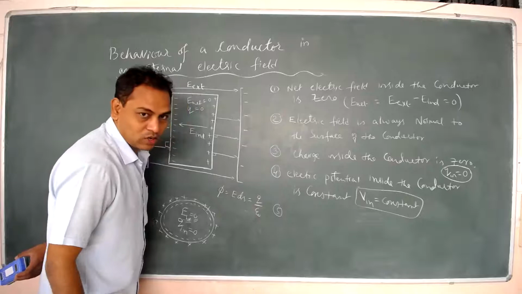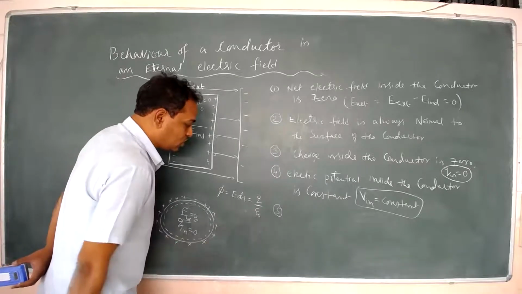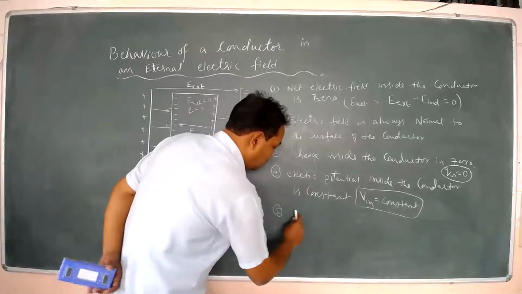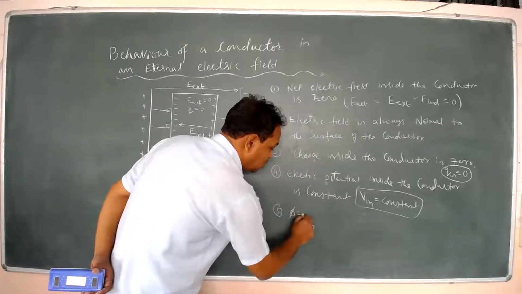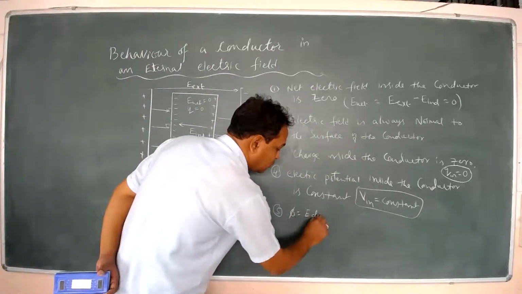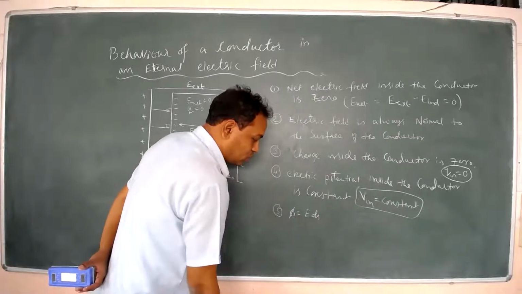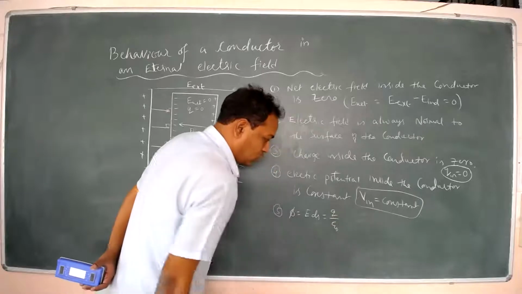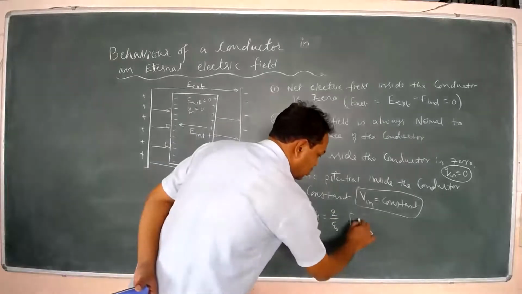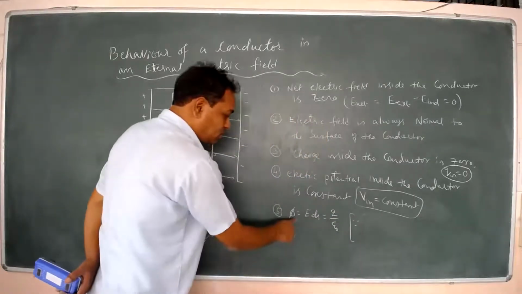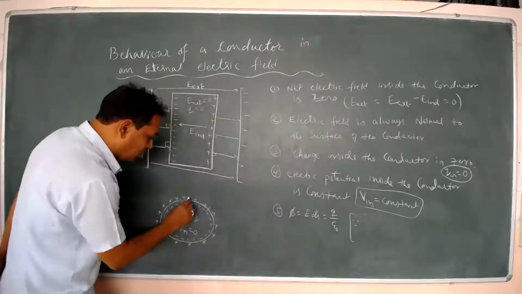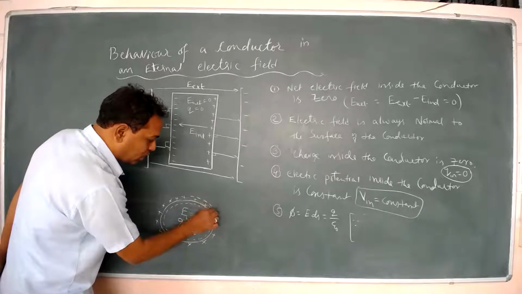We know this formula very well. Therefore I will derive it here. The flux coming outside through this area, I will consider this outside area.